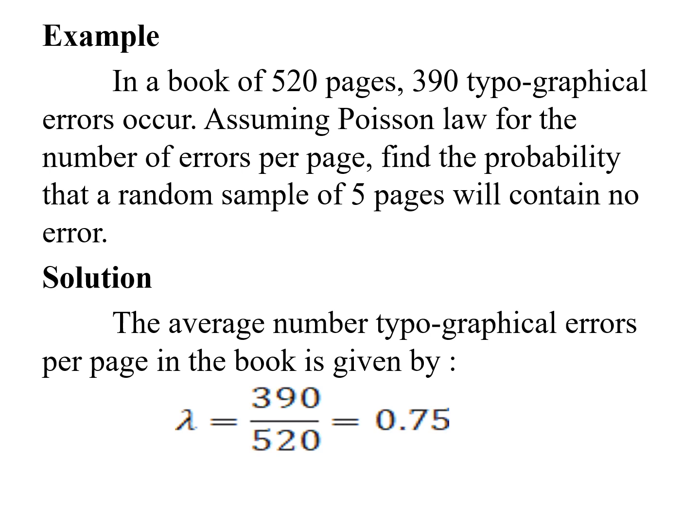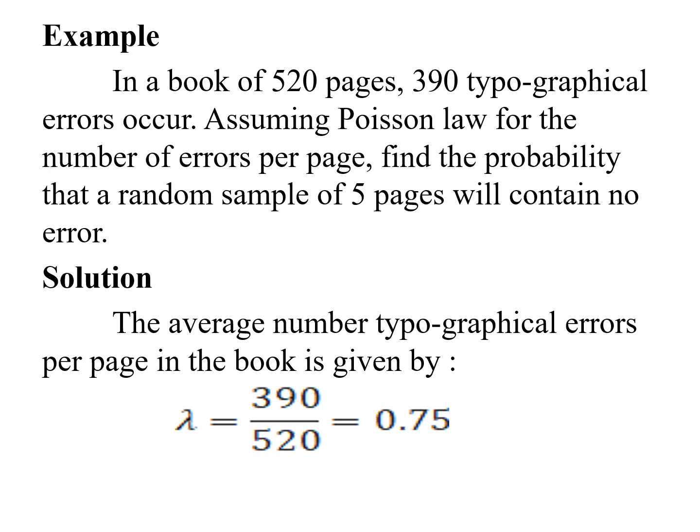So 390 divided by 520, we get 0.75. So lambda is 0.75. We have found the parameter lambda as 0.75.